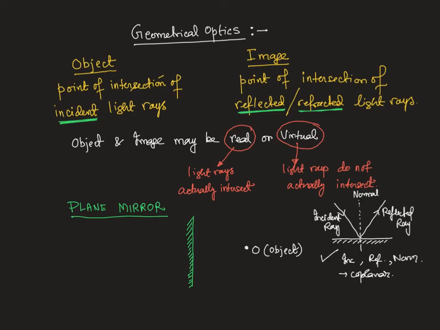This incident light ray, the reflected light ray, and the normal at the point of incidence, they are coplanar, and the second point was that the angle of incidence is equal to the angle of reflection. So angle of incidence is the angle between the incident ray and the normal, and angle of reflection is the angle between the reflected ray and the normal.